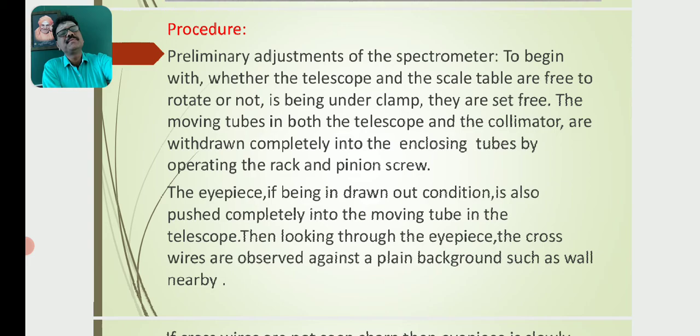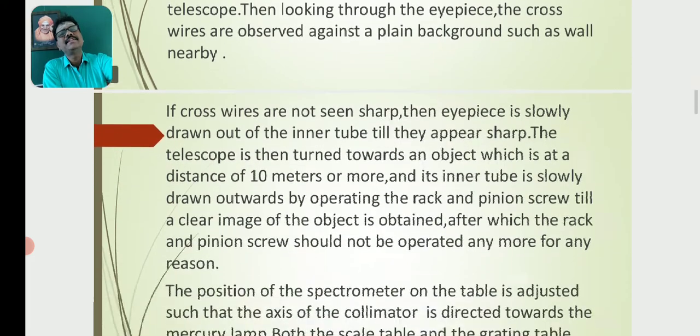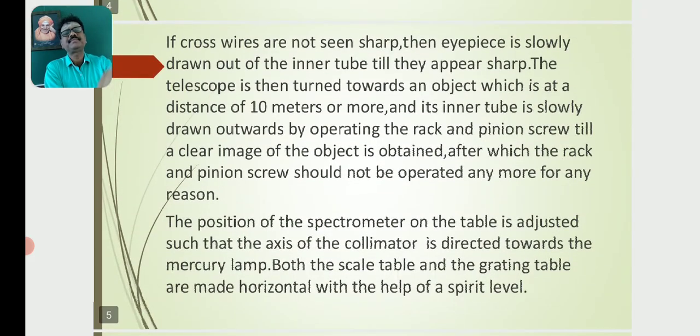Then it is aligned with the collimator and focused. If the crosswires are not seen sharp, then the eyepiece is slowly drawn out of the inner tube till they appear sharp.